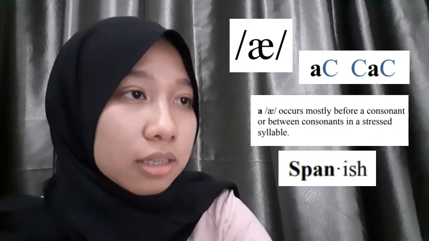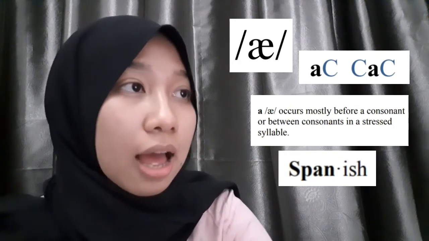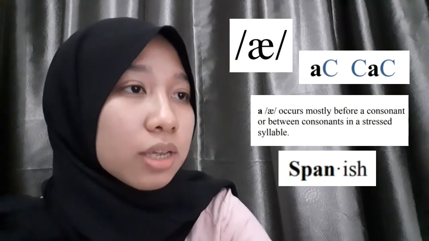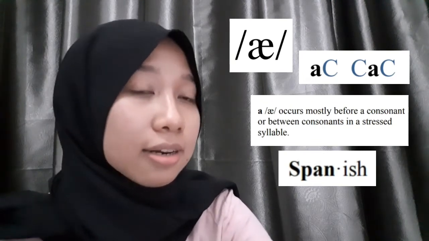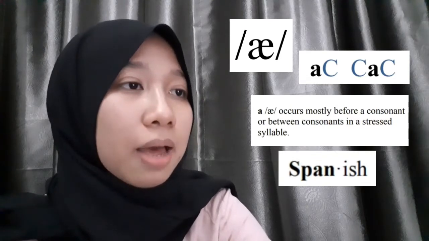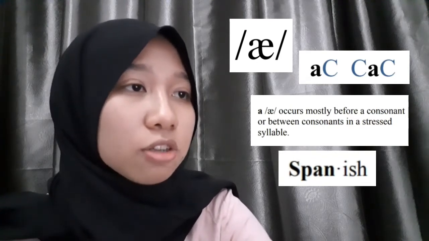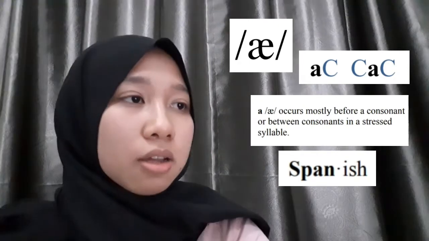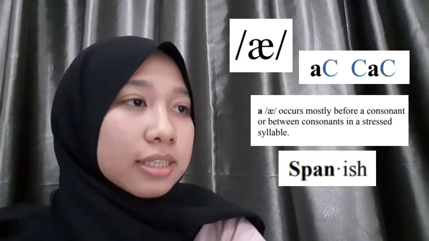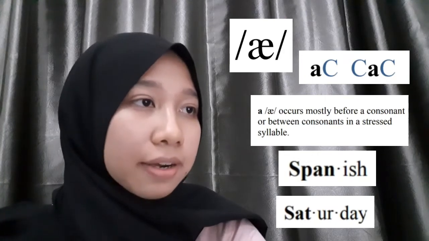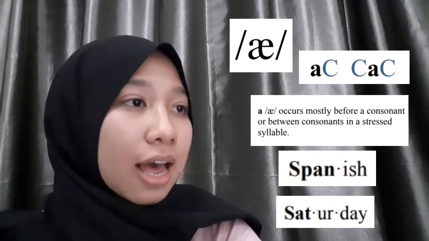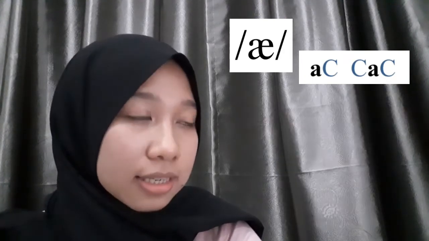We know that the vowel A is between the consonants P and N. So it's pronounced Spanish, not Spain-ish. And the next example is Saturday. The syllable Sat is stressed.